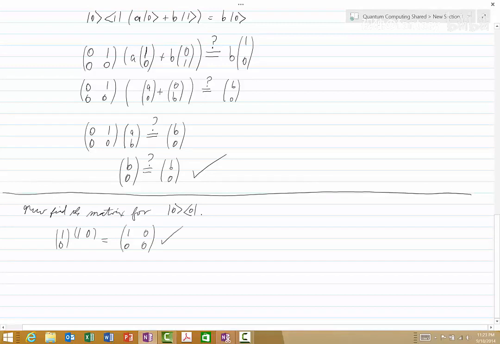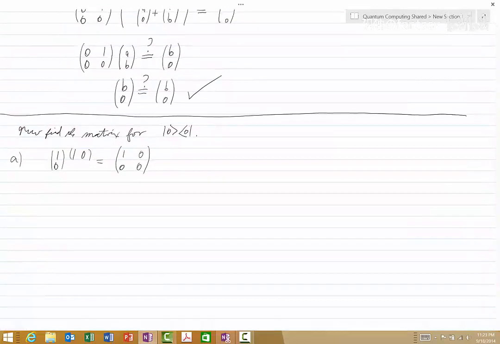And that should be the matrix that you obtained for this problem. I guess I shouldn't put a check mark. Well, I didn't check anything there, but this is indeed the answer you should get for part A of exercise 4.1. Now let's look at another one.